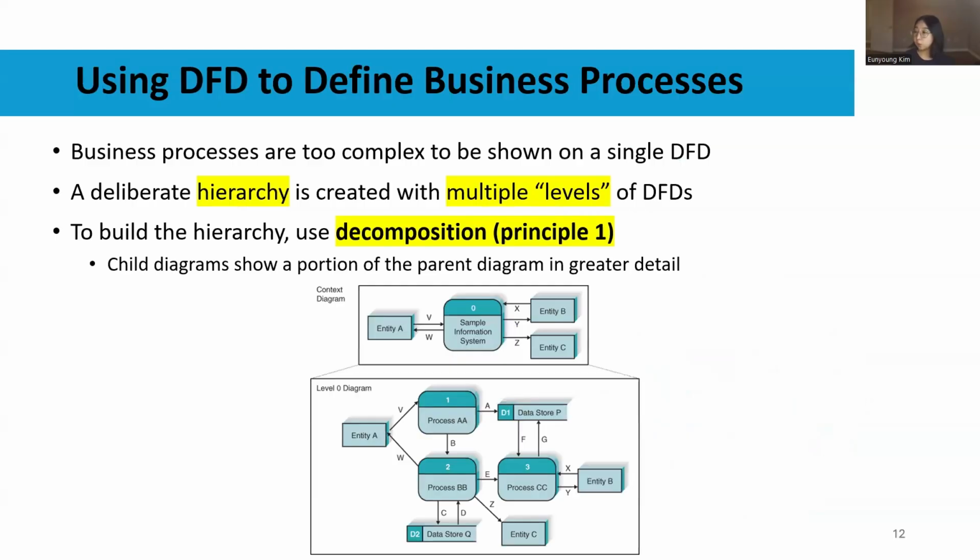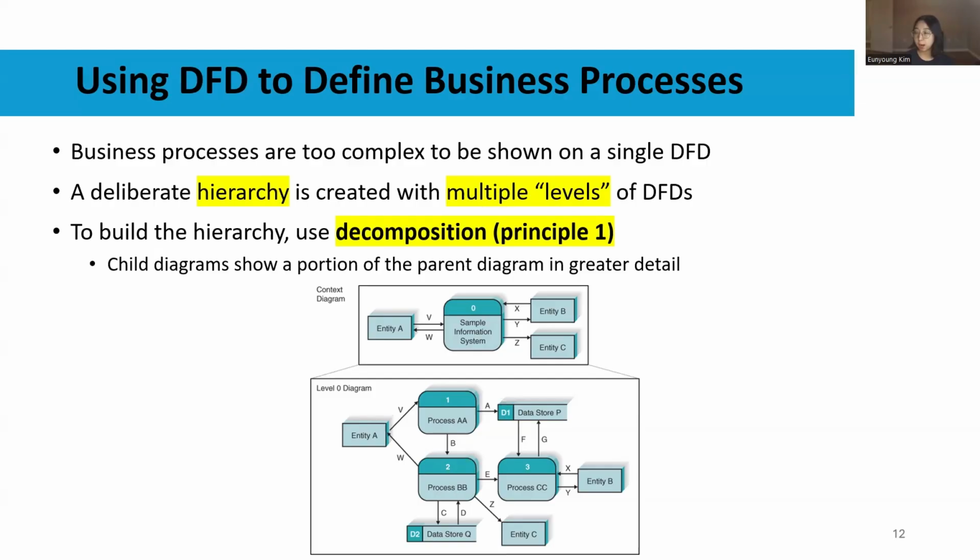And now we want to draw the data flow diagram. Business processes are highly interconnected to each other, as you learn in management courses like the value chain. So it's really difficult to describe the whole business process this system covers in one DFD.